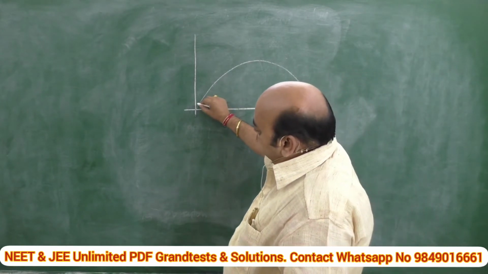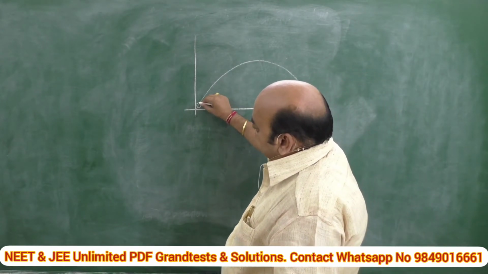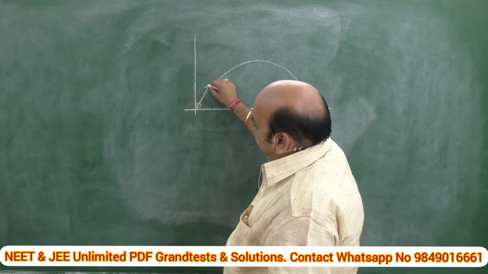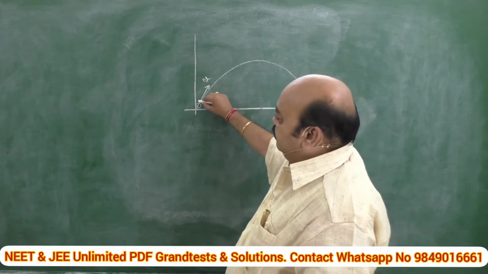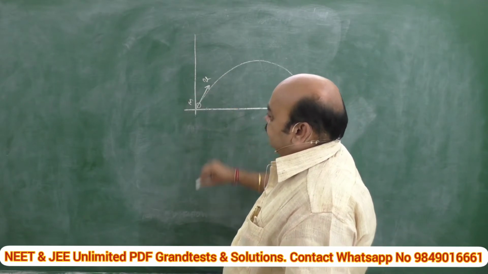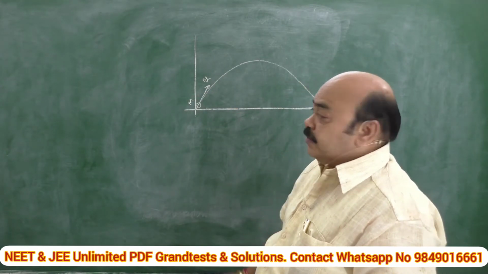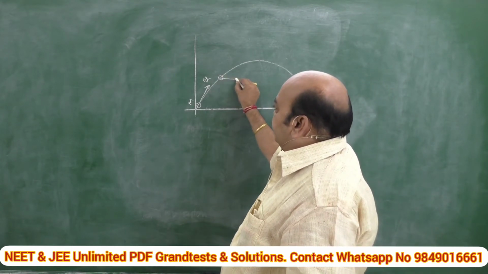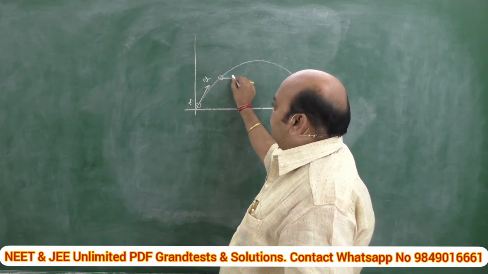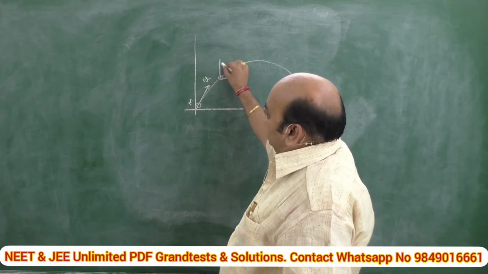Now see, this is the initial position of the body. Its velocity acts in this direction. Let u be the velocity of this particle and m be the mass of this particle. At any instant of time, momentum can be resolved into two components: one is the horizontal component and the second one is the vertical component.